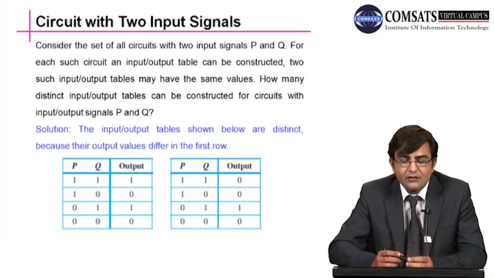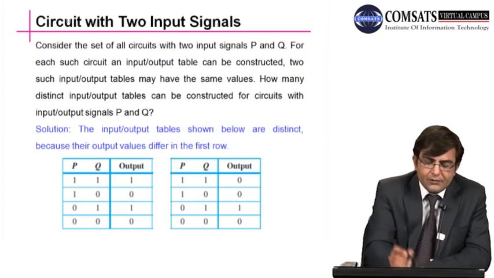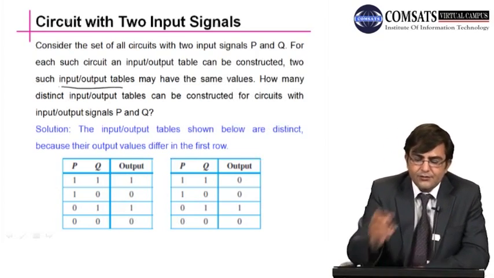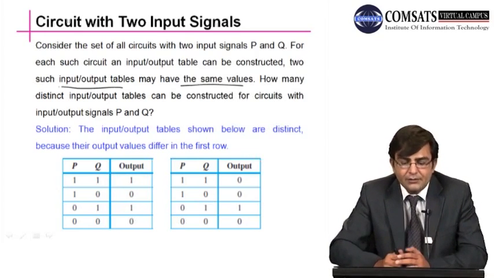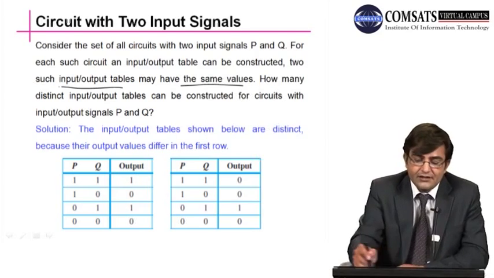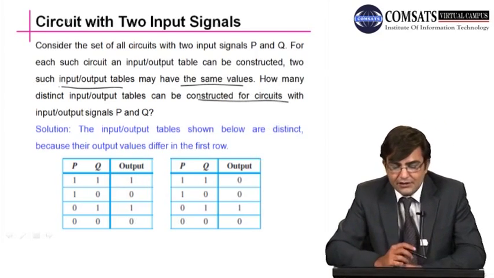We had discussed circuits in the early lectures of this course on logic. Two such input-output tables may have the same values. How many distinct input-output tables can be constructed for circuits with input signals P and Q?